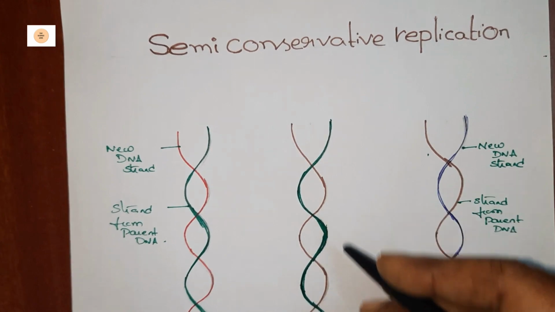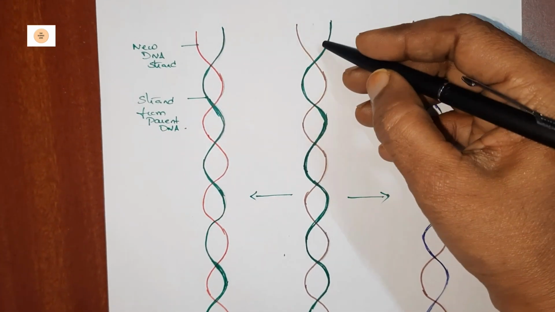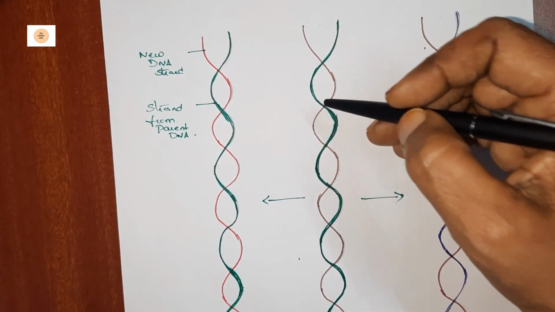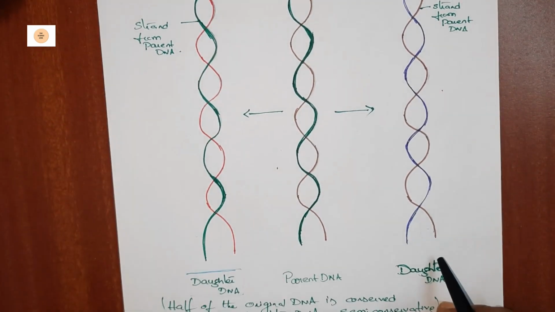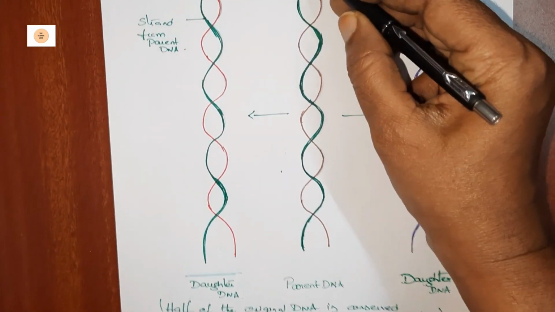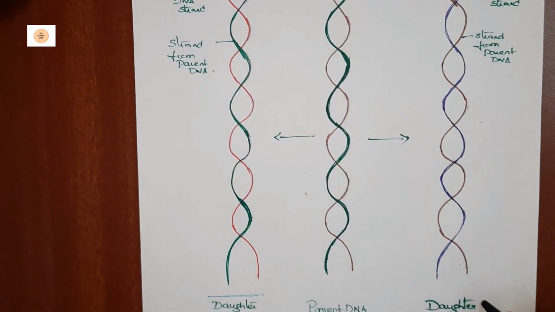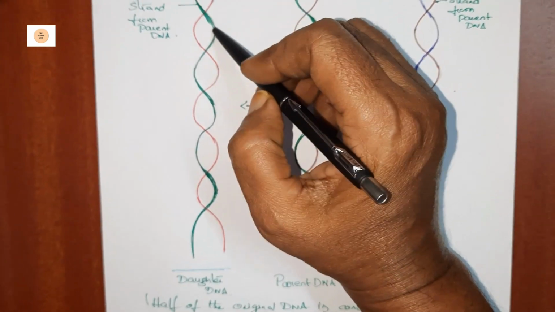The one at the center is called the parent DNA. It shows two strands in a double helix, one green and another brown. From this DNA, two daughter DNAs are reproduced. The brown strand from the parent DNA is shown in one of the daughter DNAs, and the green strand is shown in the other daughter DNA.